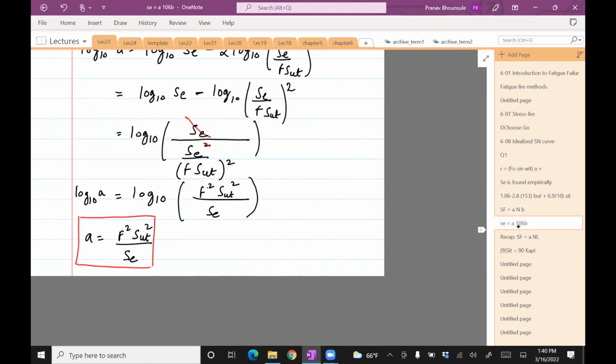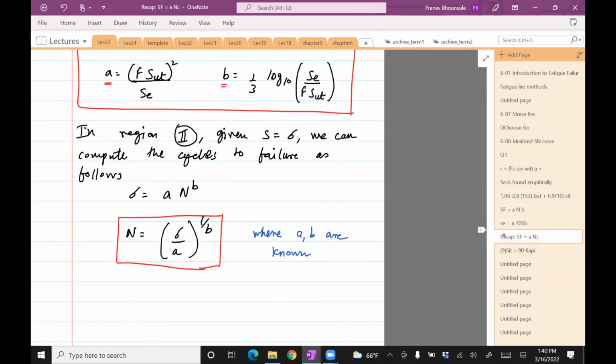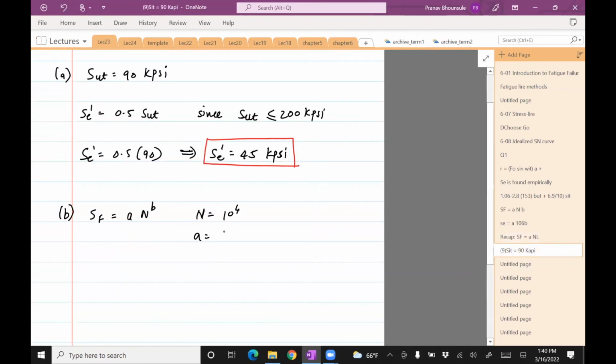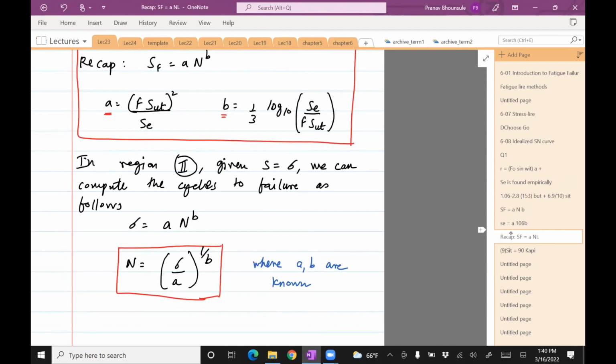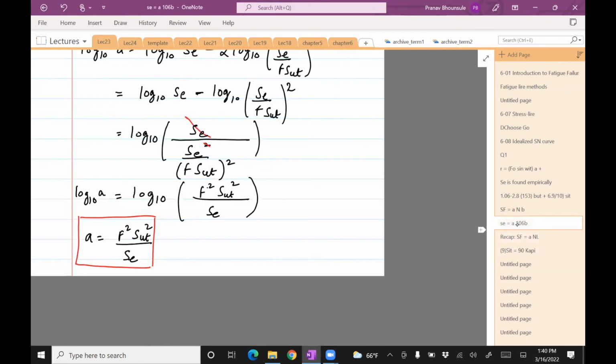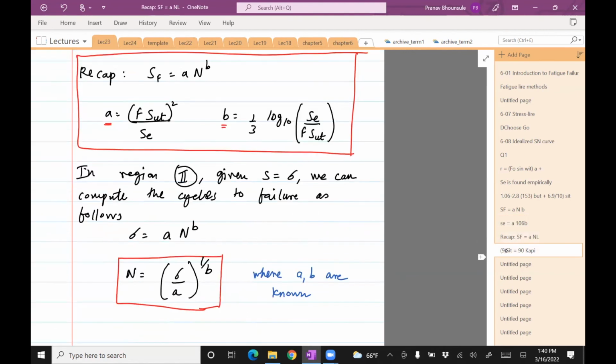That's a recap. So A is (F SUT) squared divided by SE. And then B is negative 1/3 log 10 of F SUT divided by SE.